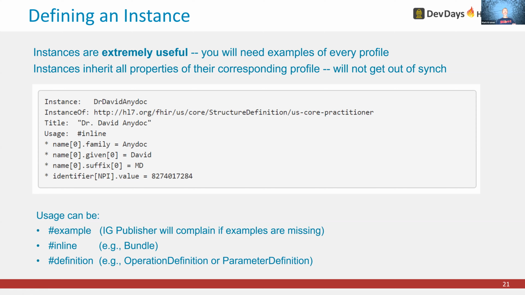So to define an instance, we use a keyword instance of. This is kind of like parents for a profile, but this says which profile you're making an instance of. And then the kinds of rules that you define will usually be fixed value rules, because in an instance, you're fixing values.